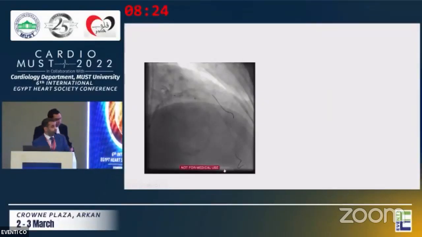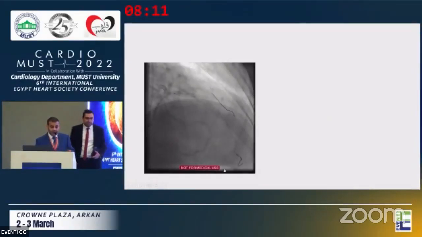Okay, this patient has a total LCX CTO, so the main vessel that will be done is the LAD and the side branch is the diag. Just wiring the LAD and the diagonal with the first PCI.